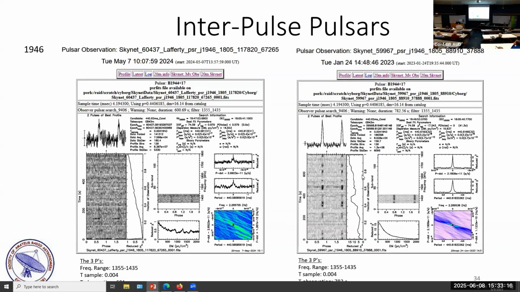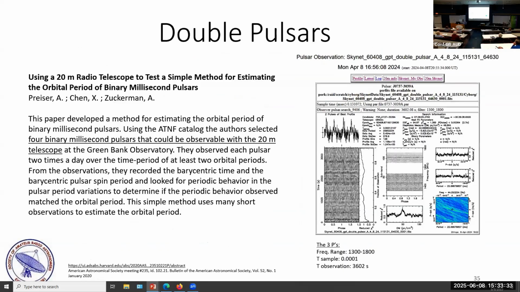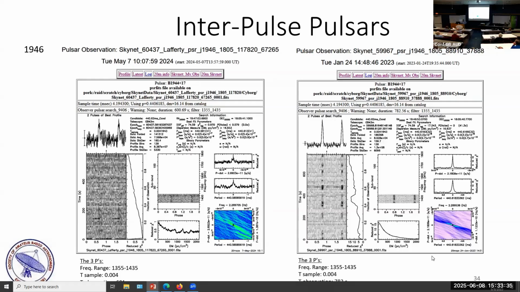Pulsar RA 6. Let's go on. You've got the same frequency range and the same integration time, but the one on the right has 783 seconds of observation time.